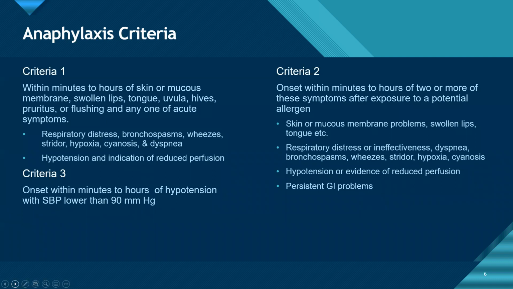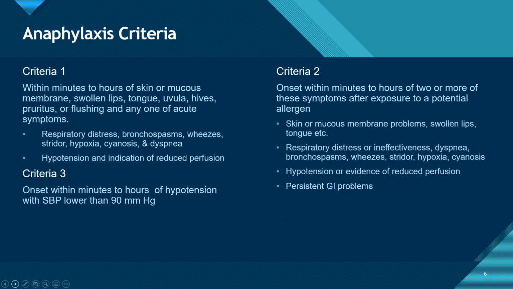It's as an end result of skin or mucous membrane involvement: swollen lips, tongue, uvula, hives, pruritus, itching, flushing, or any one of these acute symptoms below, which are respiratory distress, bronchospasms, wheezes, stridor, obviously a sign of impending doom, impending respiratory failure, hypoxia, cyanosis, and dyspnea, shortness of breath. And then hypotension can be an indication of reduced perfusion. So looking at decreased perfusion.